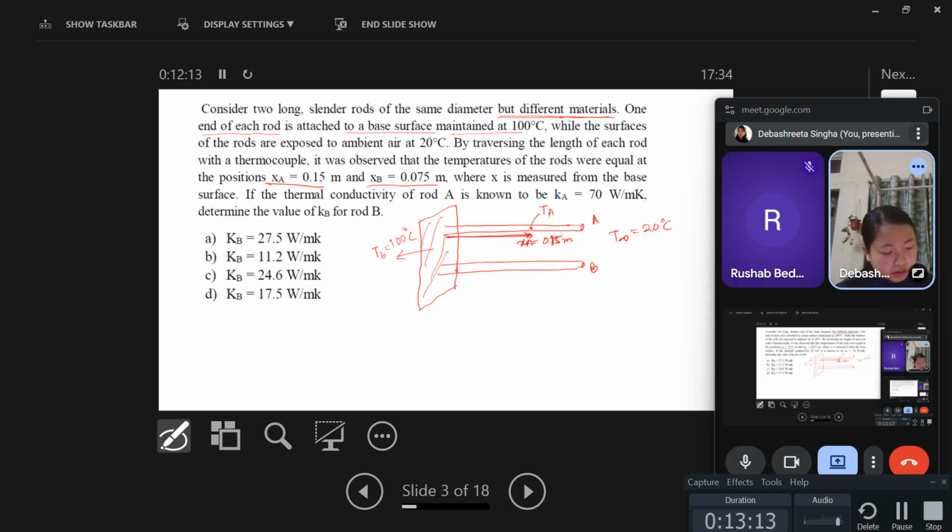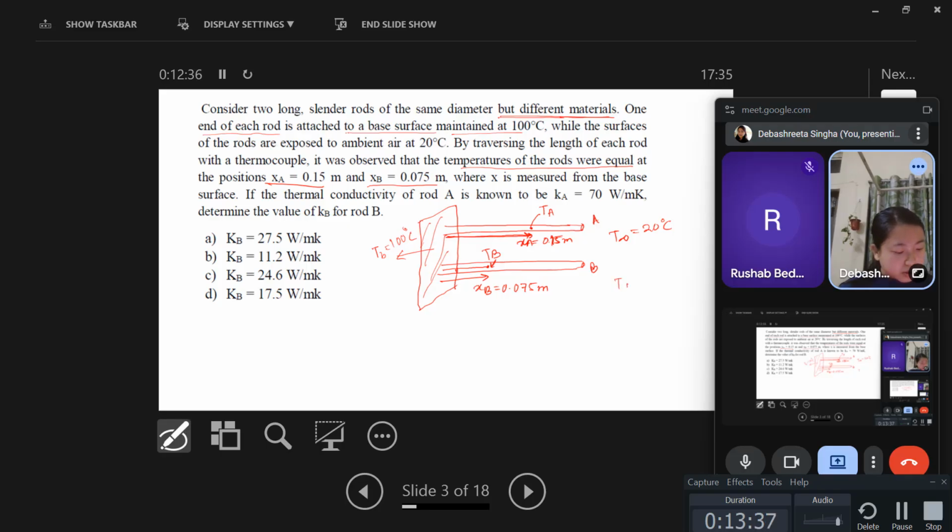Suppose this is TA, and here to here at some point at xb equal to 0.075 meter, suppose this is TB. So what they are saying is that the temperatures of the rods were equal at both the positions.